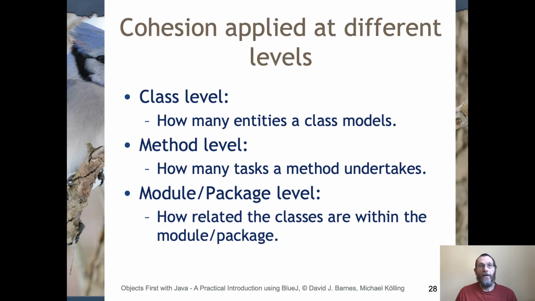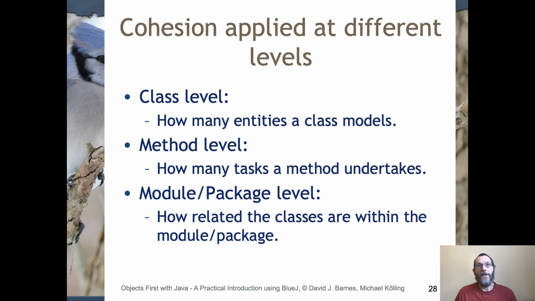So when we're assessing the cohesion of one of these units, we look at a class and we say, well, how many entities is that class modeling? Or when we look at a method, how many tasks is that taking responsibility for? Or could it be passing off some of that responsibility to other methods?